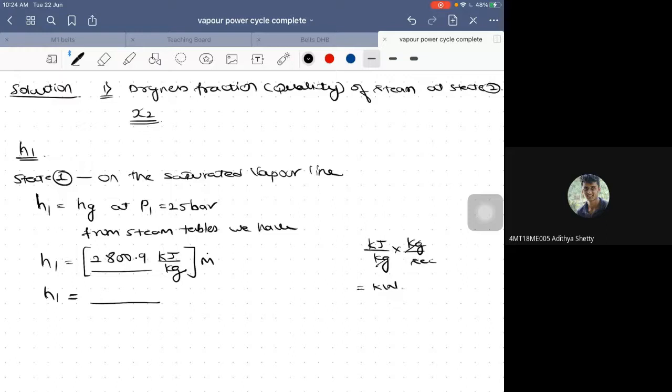So fine. What is the value of h1 now in kilowatts? So m dot value is how much? 10.